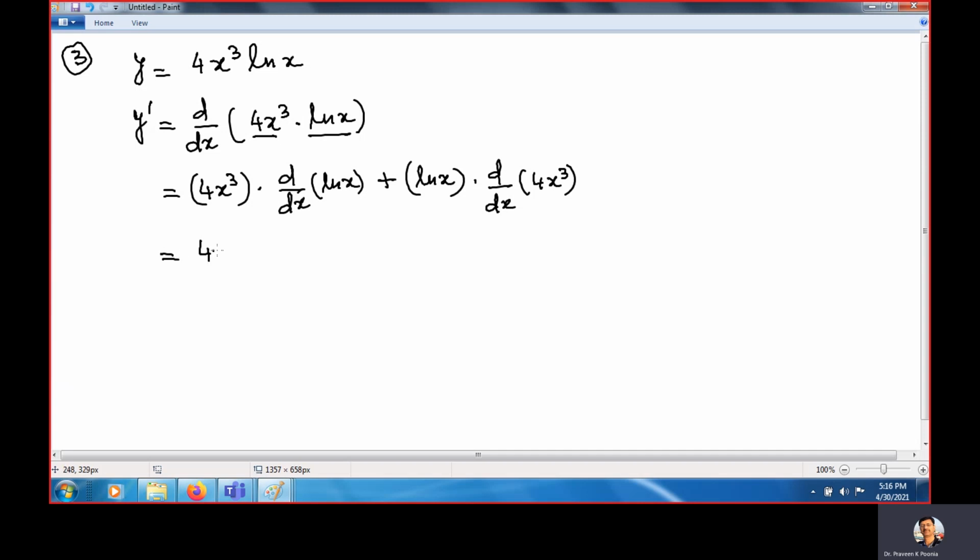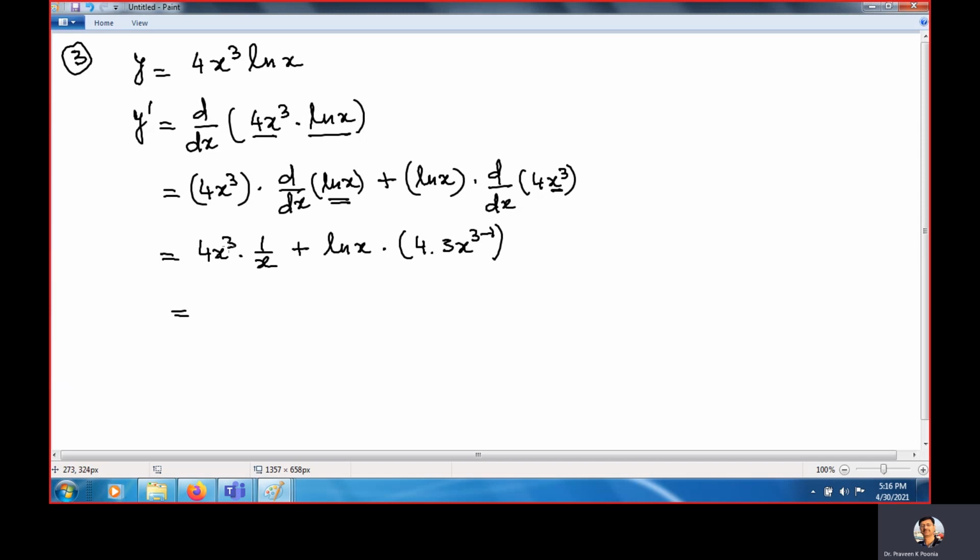So it is equal to 4x^3 into the derivative of ln x, which is 1 upon x, plus ln x and the derivative of 4x^3. 4 is constant, the derivative of x^3 is 3x^(3-1).